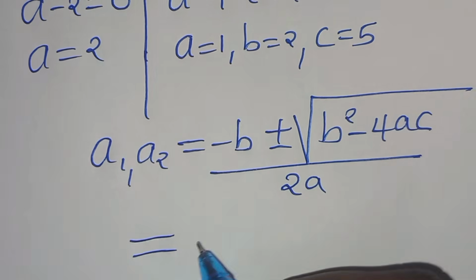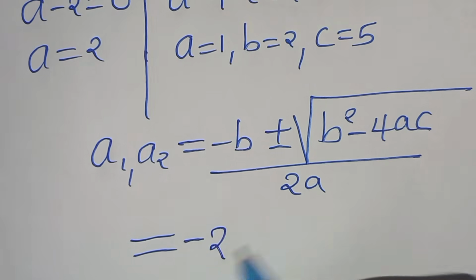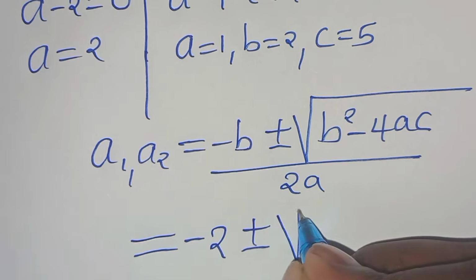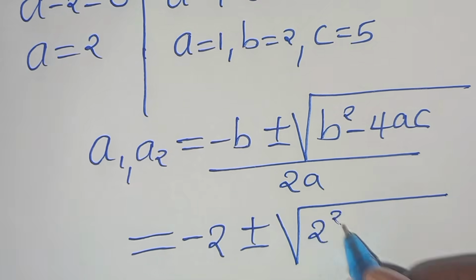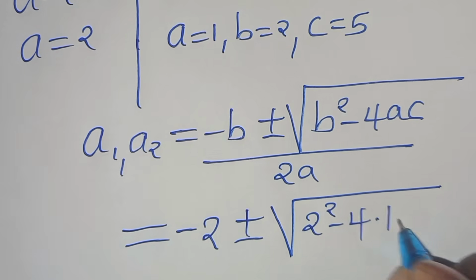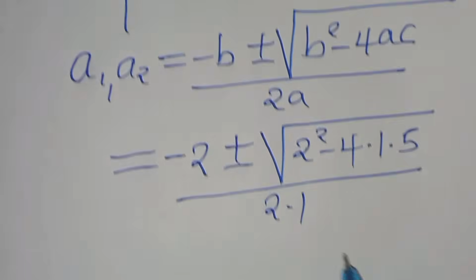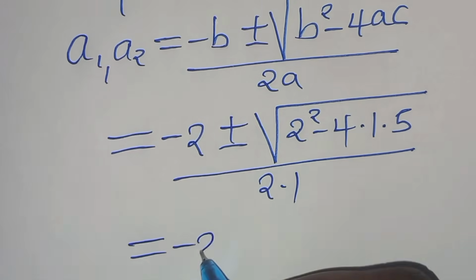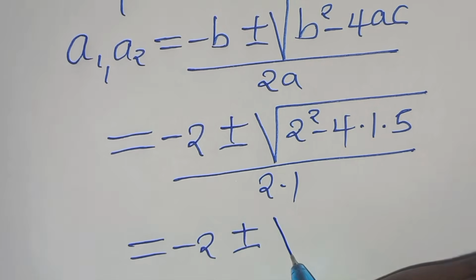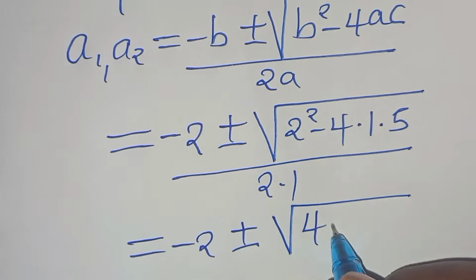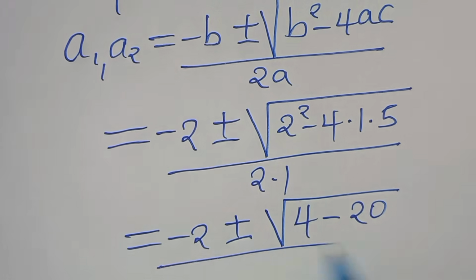So this means we have minus 2 plus or minus the square root of 2 squared minus 4 times 1 times 5, divided by 2 times 1. So that now this is negative 2 plus or minus the square root of 4 minus 20, divided by 2.